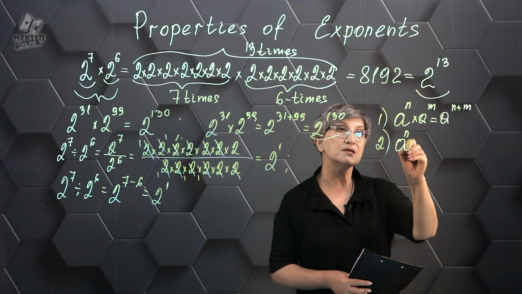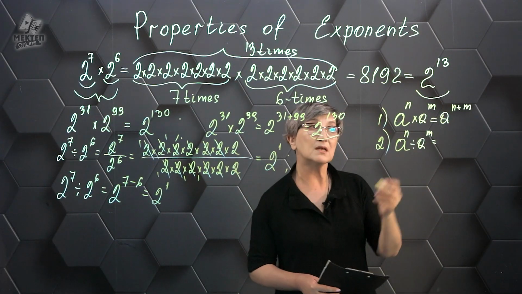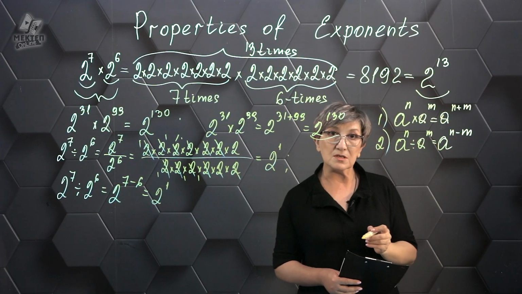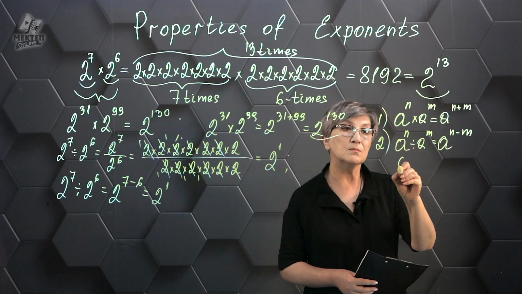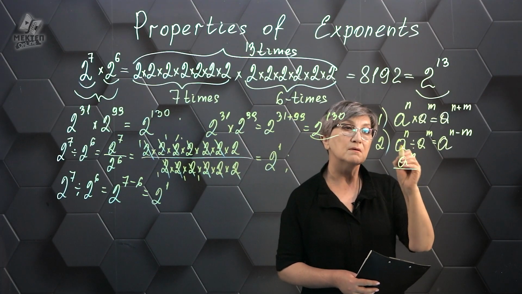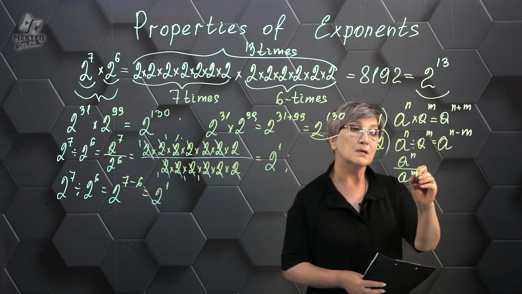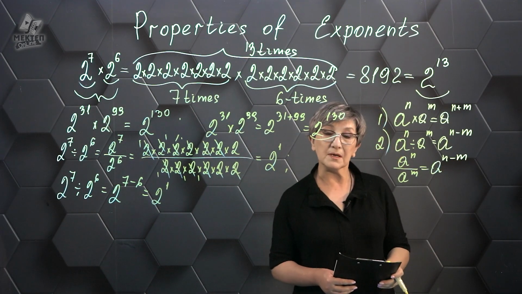If I need to divide a to the power of n by a to the power of m, I can keep the base of the power and subtract the exponents. The same notation would look like this: a to the power of n divided by a to the power of m. Then I should also find the difference of the exponents.